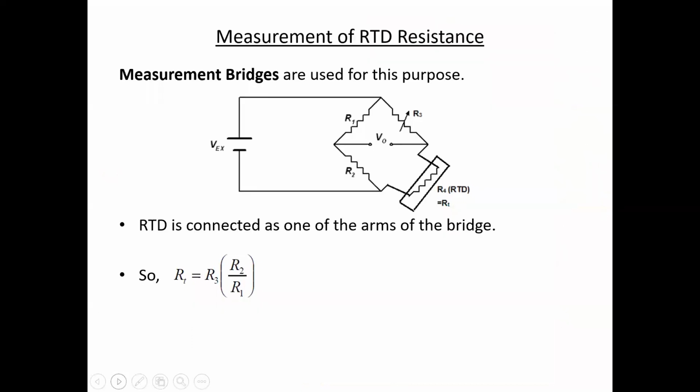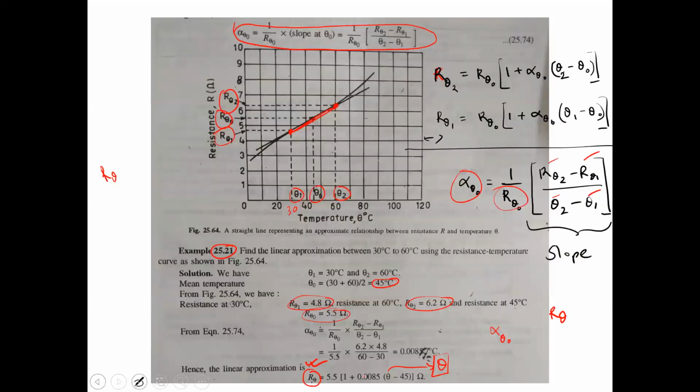So in the next slide, a similar thing is shown. Suppose you don't know what is the room temperature, but by connecting the RTD in a Wheatstone bridge circuit, you can determine the resistance of the RTD at temperature T. Now, if you have a linear approximation already available to you, then you can put the value of RT over there, and with respect to all the known values, you can calculate the approximate value of the temperature theta.